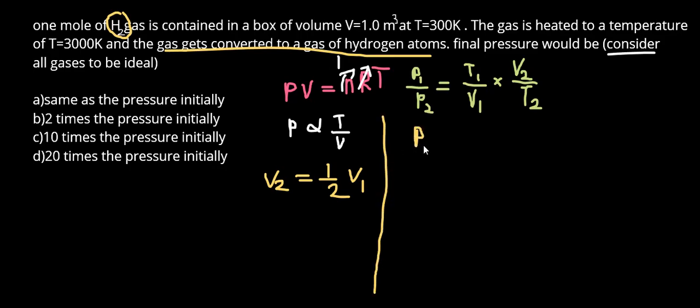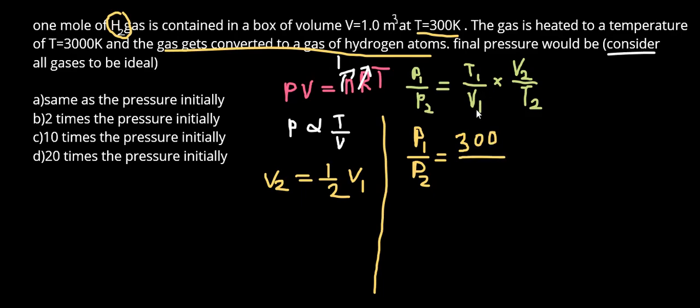Now the continuation of this equation can be written here. This is P1 by P2. We have to find the P2 value, that is the final pressure with respect to the initial pressure, is equal to T1, the initial temperature, which is given as 300 Kelvin. The SI unit is Kelvin, correct.